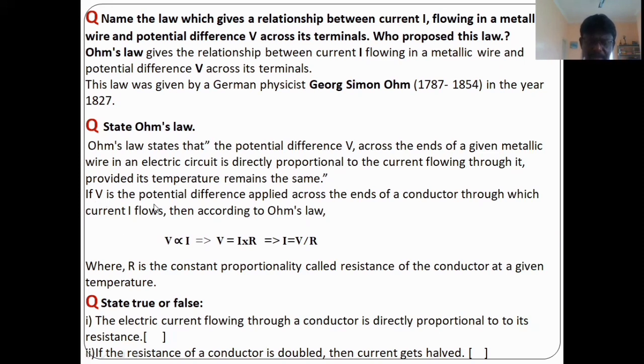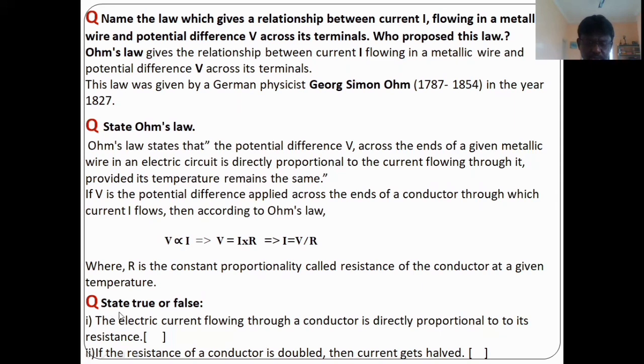If V is the potential difference applied across the ends of a conductor through which current I flows, then according to Ohm's law, V is proportional to I, that implies V equals IR, that implies I equals V by R, where R is the constant of proportionality called the resistance of the conductor at a given temperature. The most important condition is a given, that is, constant temperature.